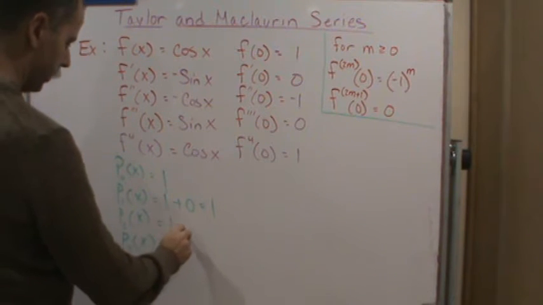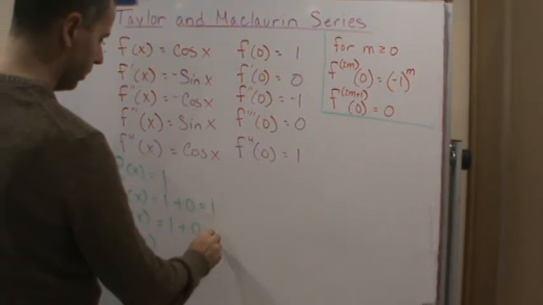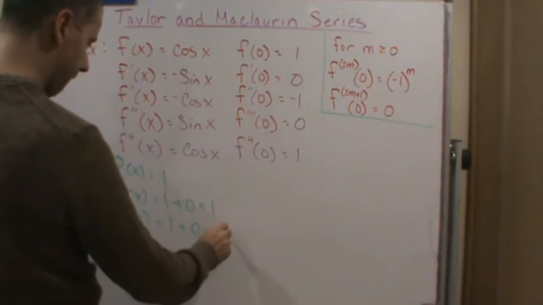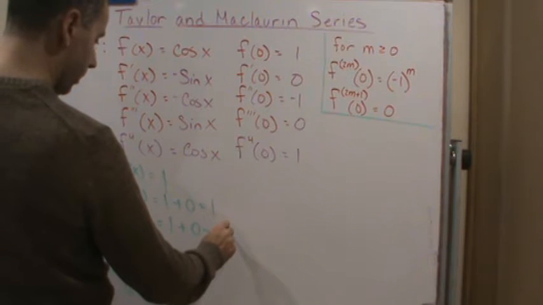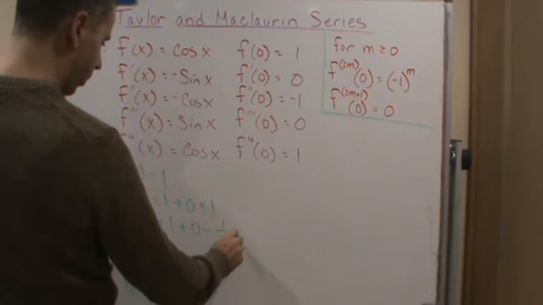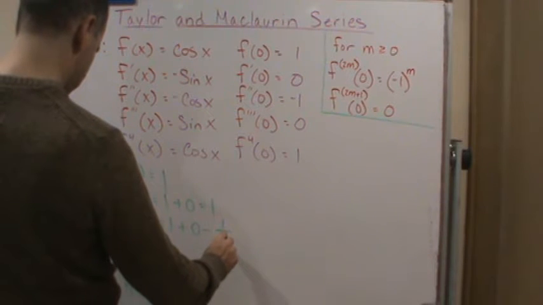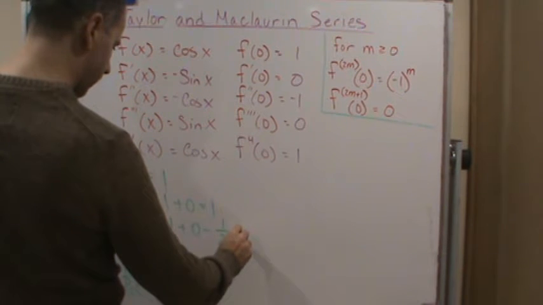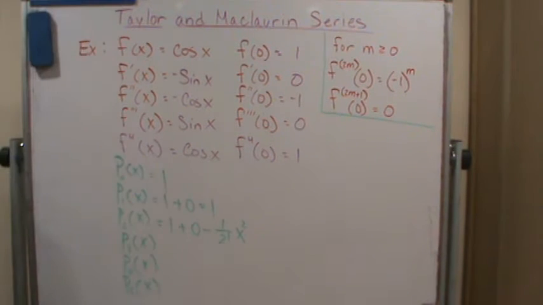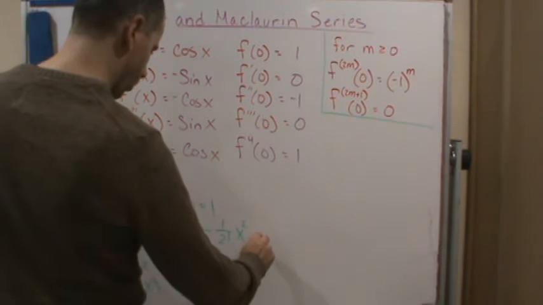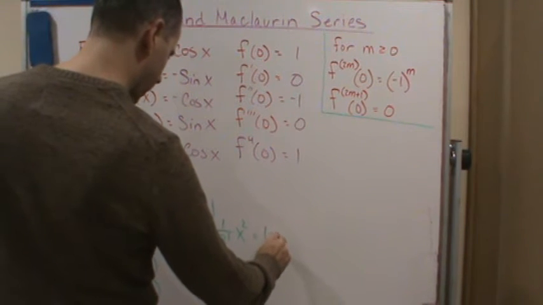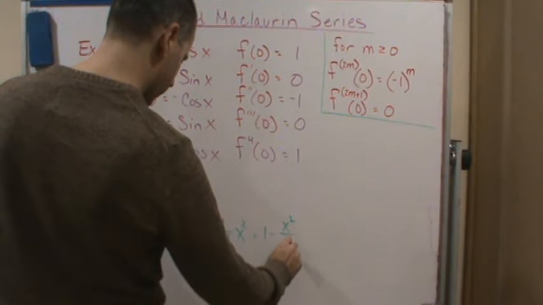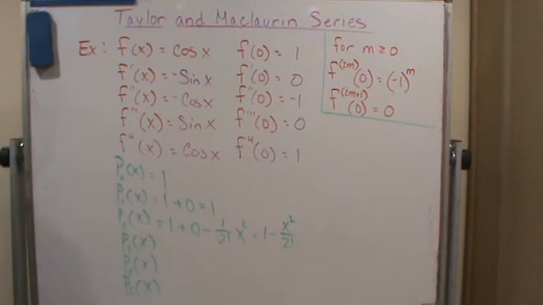And this is just going to be 1 plus 0 minus 1 over 2 factorial x squared, which equals 1 minus x squared over 2 factorial, right?